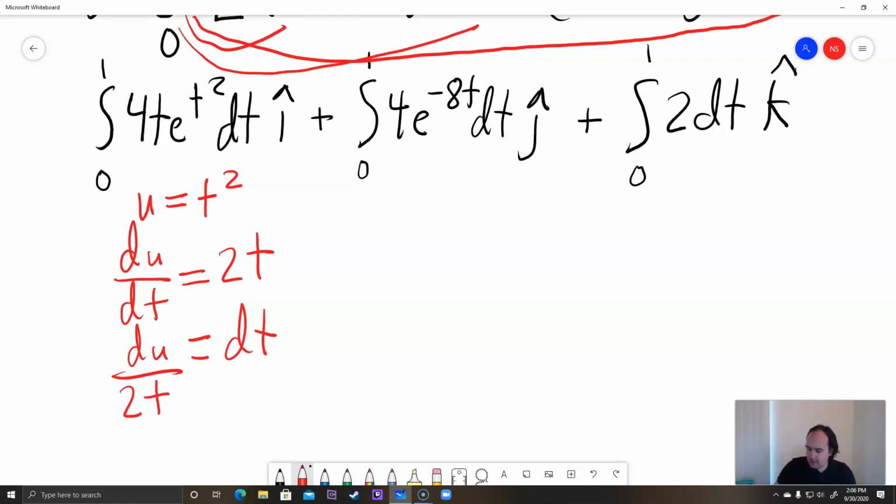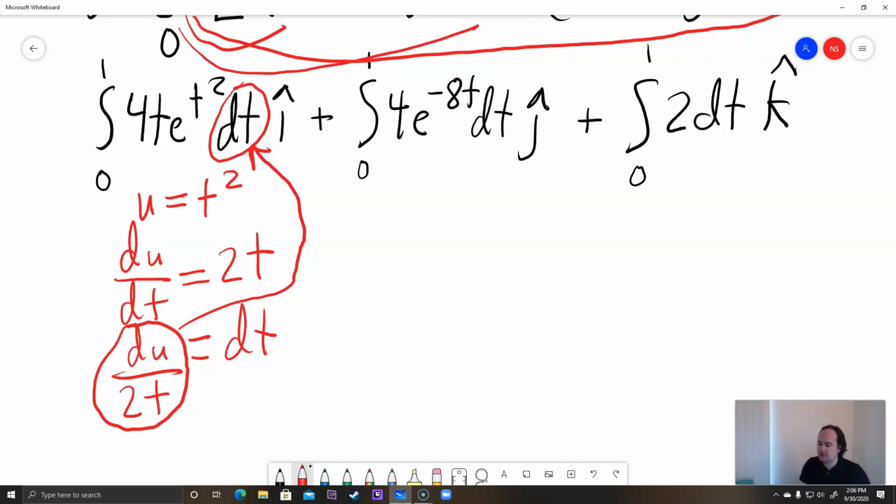Then in our first integral, we're going to replace that dt with du over 2t. And we also have e to the t squared, so that's going to be e to the u, plugging in u for that t squared.